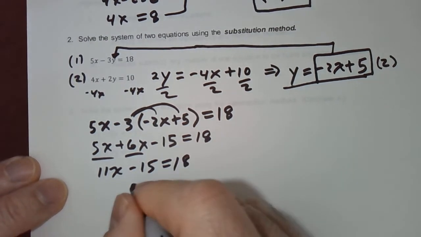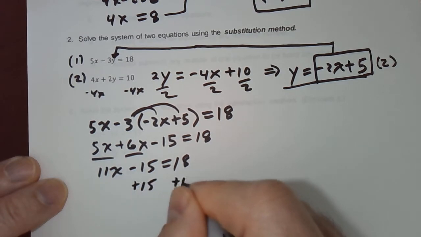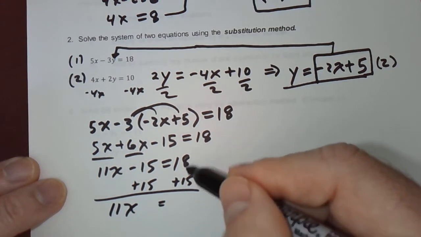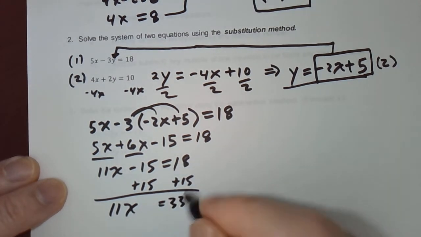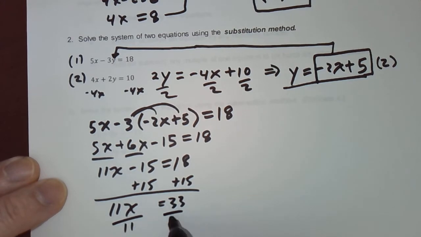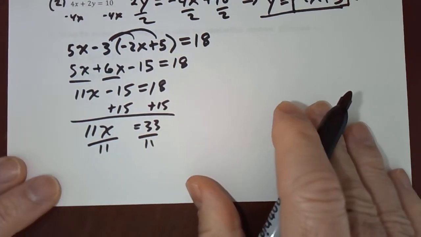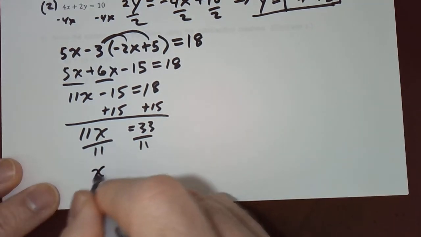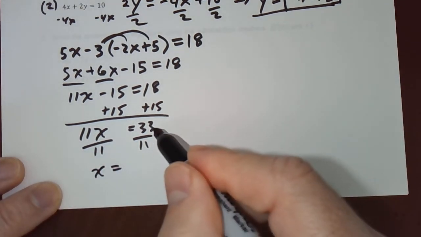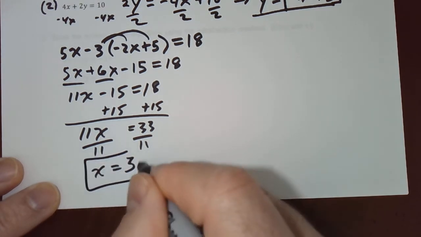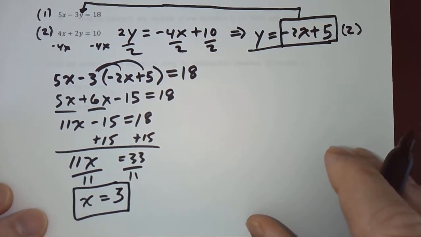And we'll add 15 to both sides. That gives us 11x on the left equals 15 and 18 add up to 33. Divide both sides by 11 to get x all by itself. And that gives us that x is equal to 33 divided by 11, which is 3. So that's half of the answer we need.